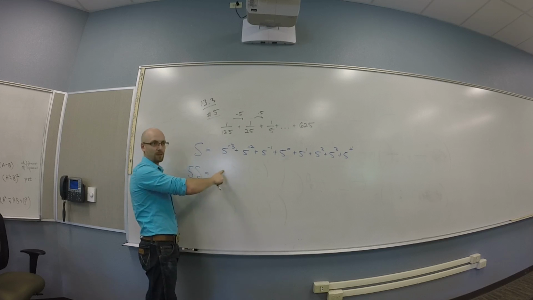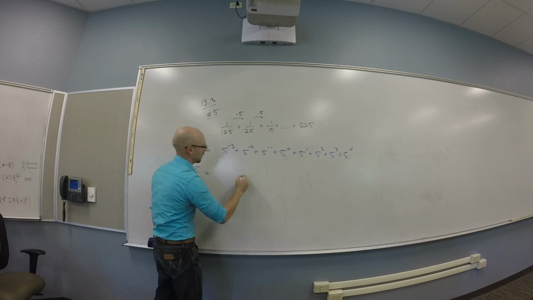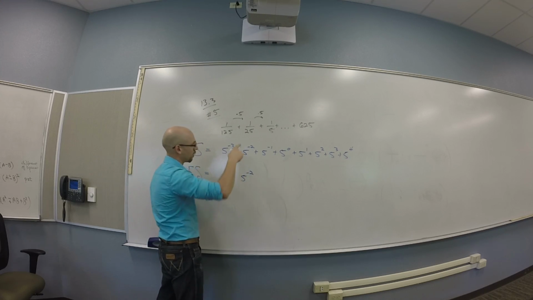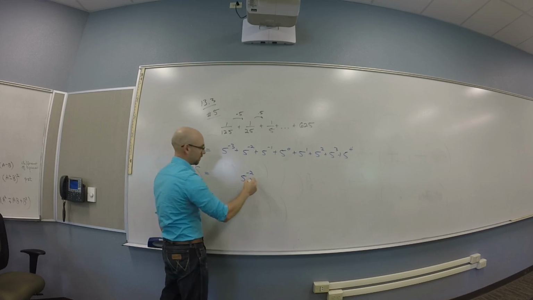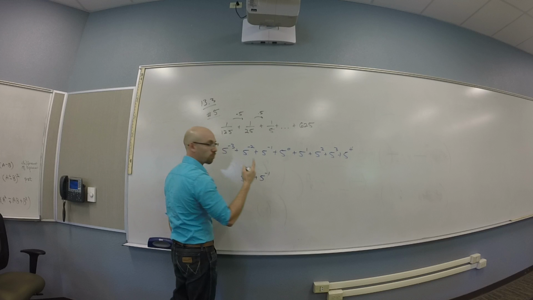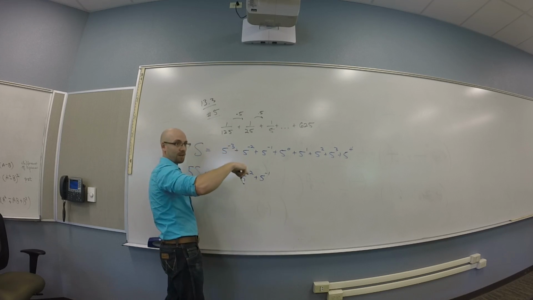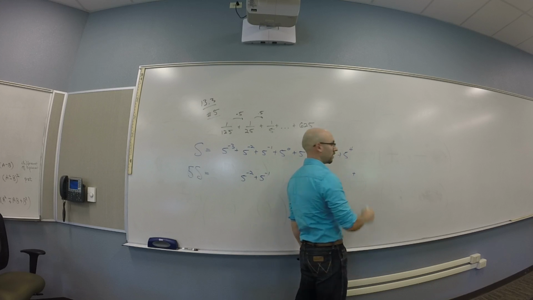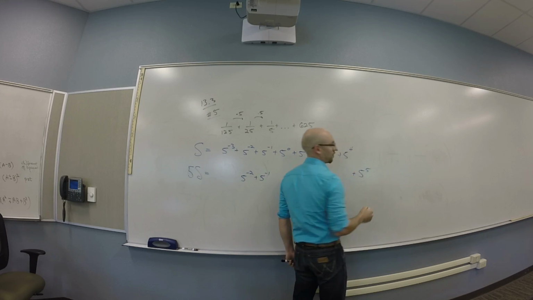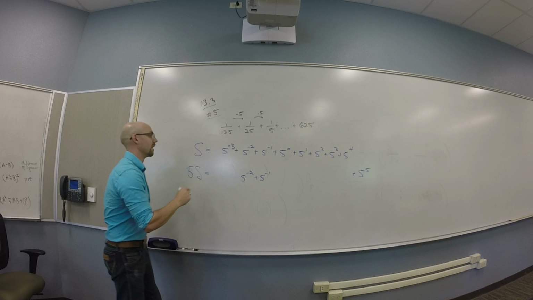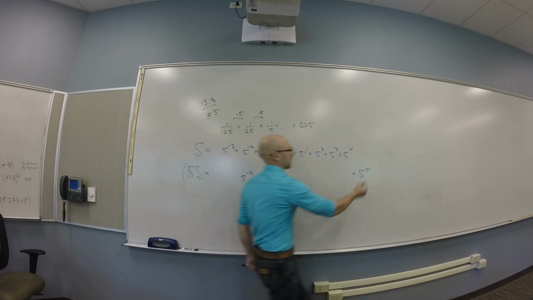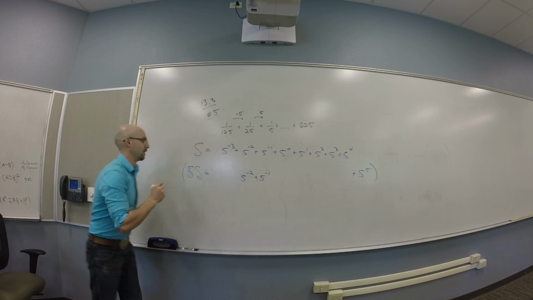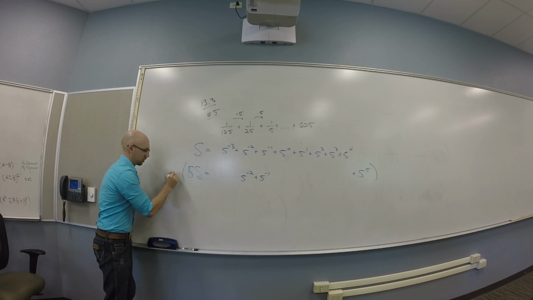So when I multiply 5 to the negative third times 5, I'll get 5 to the negative second. And then when I multiply 5 to the negative second by 5, I get 5 to the negative 1, which is why I did that, so that they'd be matched. And then at the end here, what am I going to get? 5 to the 5th. Then I'm going to take this whole thing and subtract it off.